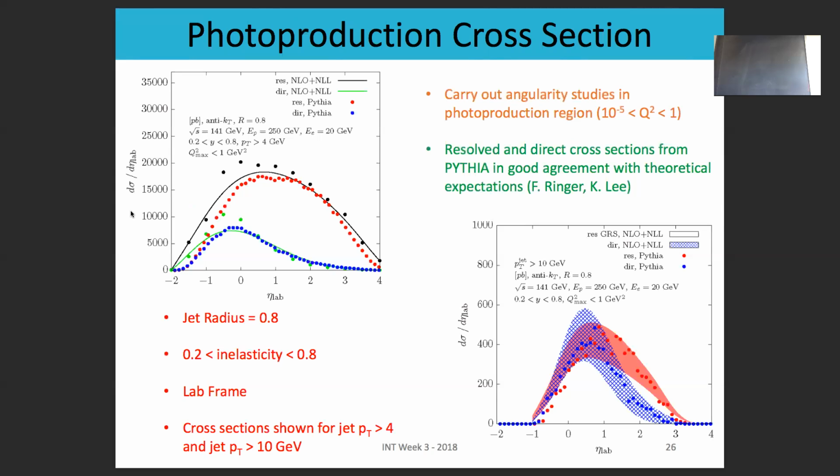And yeah, cross sections above 4 and 10 GeV, and you see the simulation we get out of PYTHIA is in reasonably good agreement with the theory curves, which Felix will describe more.